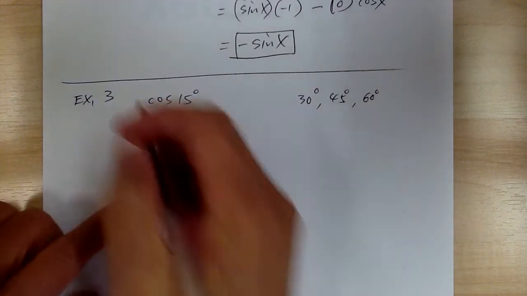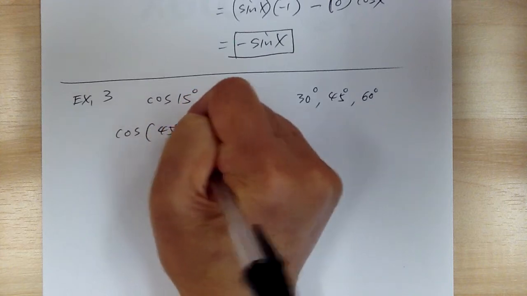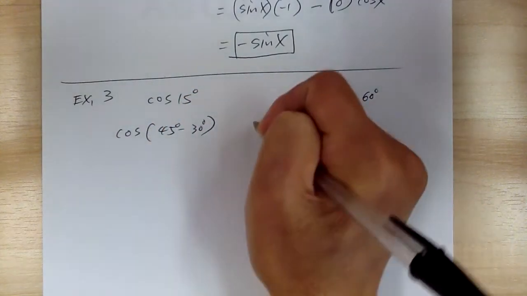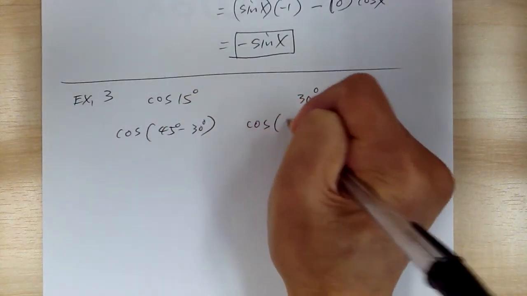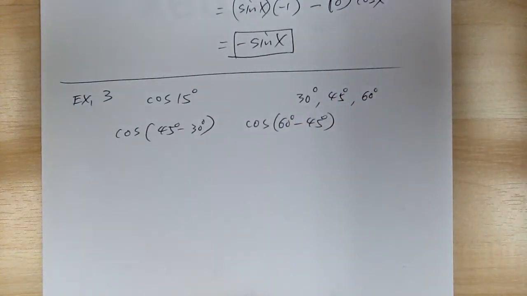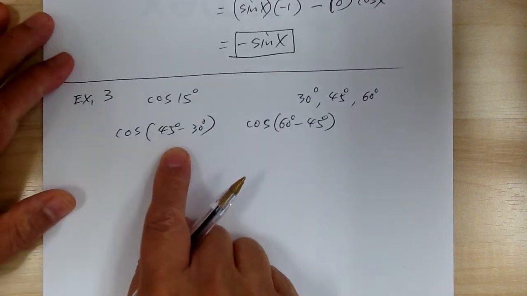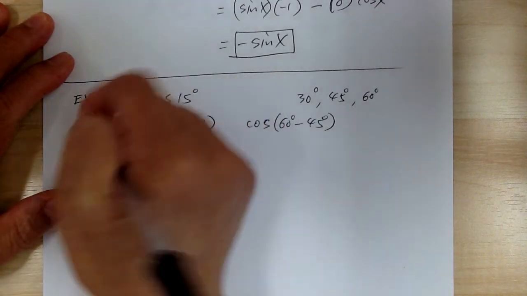So this one, you can make into cosine of 45 degrees minus 30 degrees, right? Or you can use cosine of 60 degrees minus 45 degrees, right? So you can use any one of that. So again, there are different options, but I think this is the easiest one because it's the lowest number. So let's go and use these. So this is equal to that.